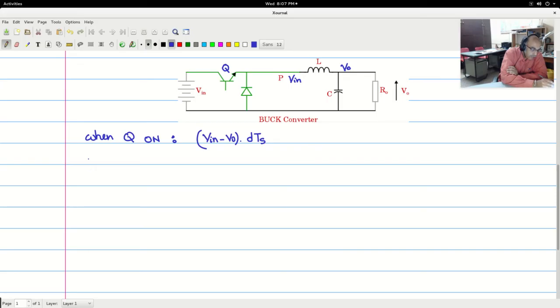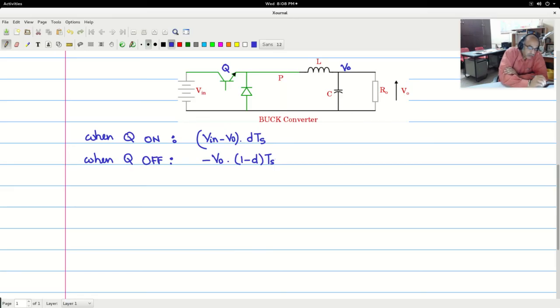And when Q is off, the voltage across the inductor is minus V0. This is connected to the ground because of the freewheeling path through the diode, and the period is (1 minus d) times Ts, assuming the diode drop is 0.